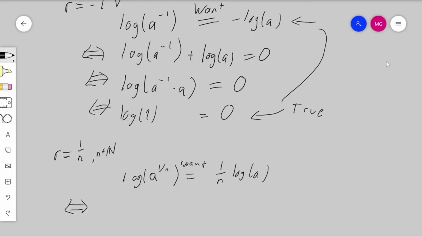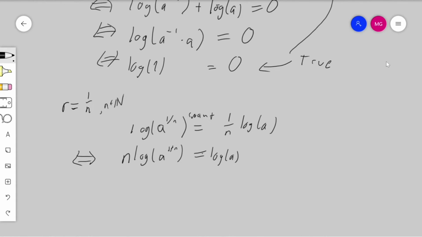So what we do is we just multiply by n on both sides. So we get n log of a to the power 1 over n is equal to log of a. And now we use the fact that we've already shown that for natural number exponents, we can turn coefficients into exponents. So this is if and only if.